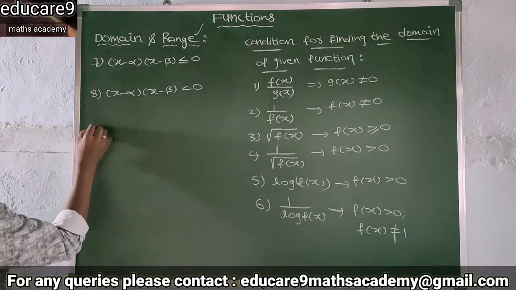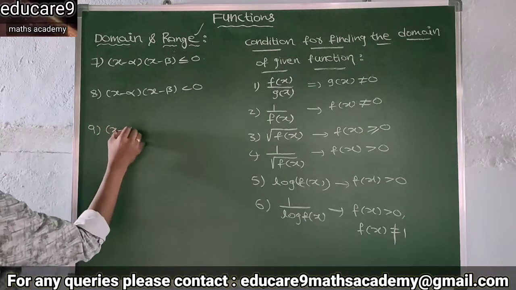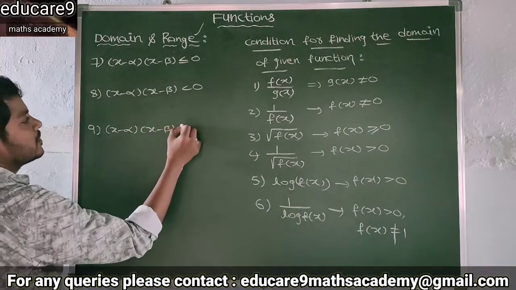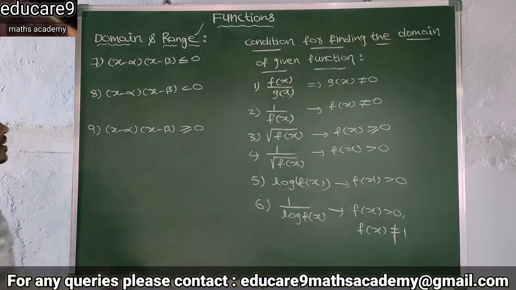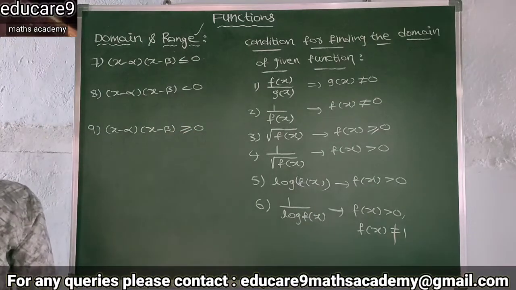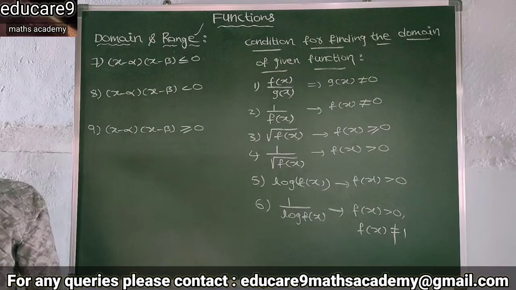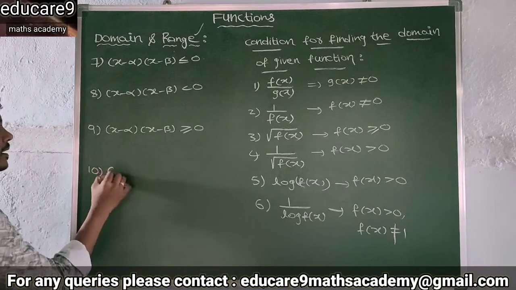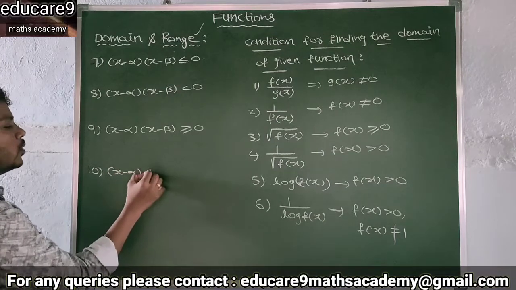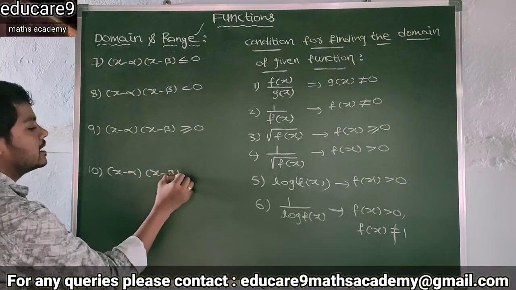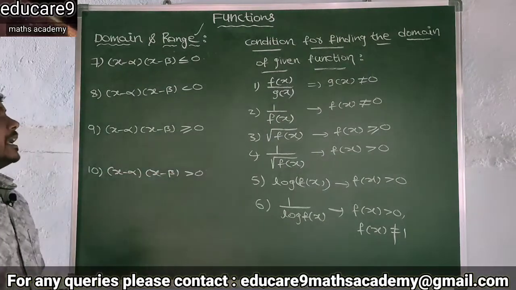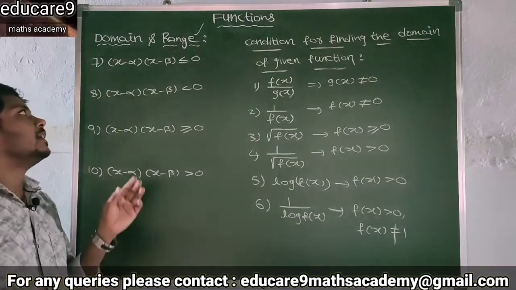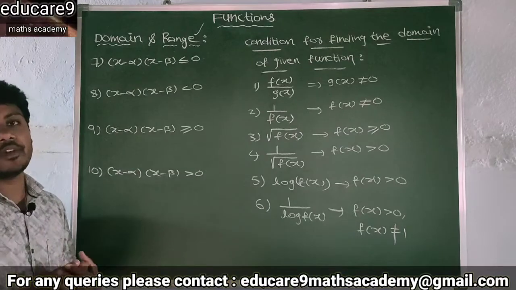Next one, x minus alpha into x minus beta is greater than or equal to 0. Next one, x minus alpha into x minus beta is greater than 0. So in these four conditions we have to find the x interval or x values.